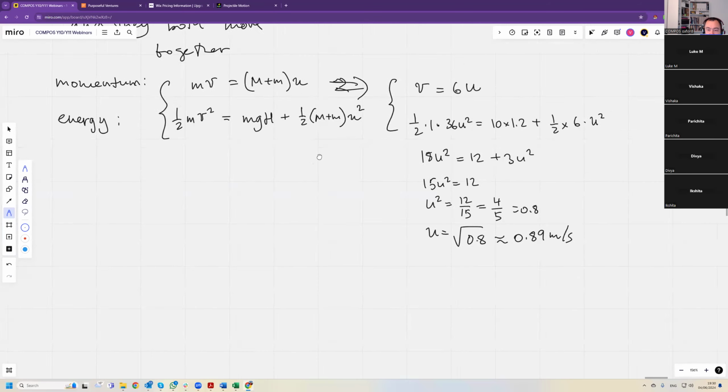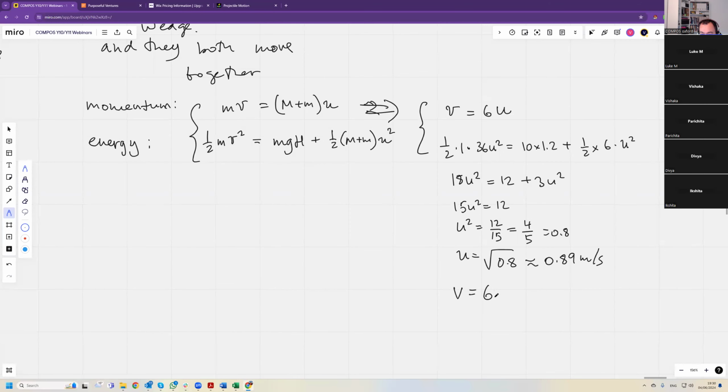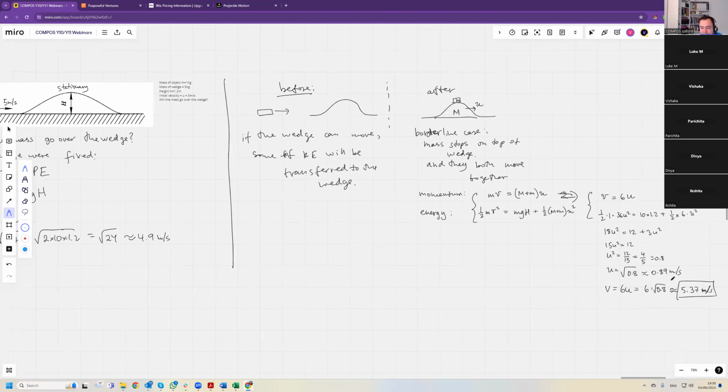That's the speed of them together. So v is 6u. That's equal to 6 multiplied by the square root of 0.8, and that is 5.37 meters per second. So that's not enough to go over.